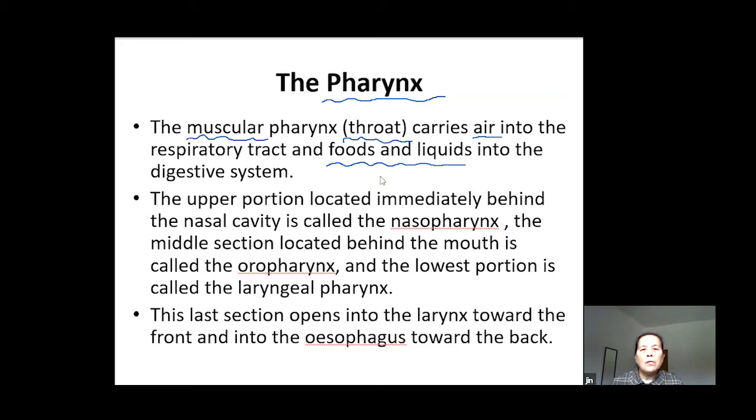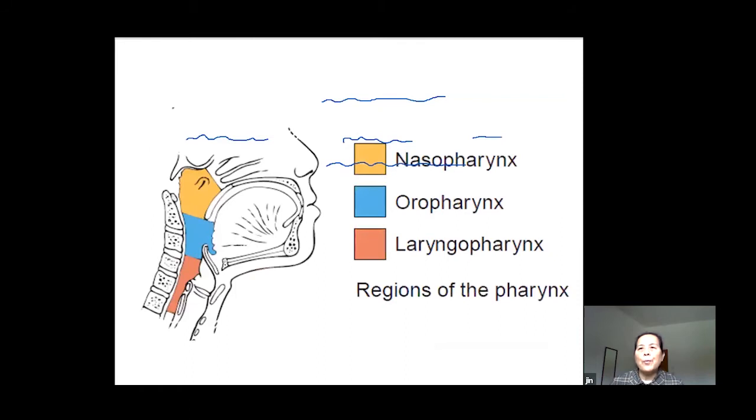So the throat part we separate into 3 parts. Behind the nose, we call it nasopharynx. Behind the mouth, oropharynx. That's basically just the medical words here, nose and mouth. And behind the larynx area, laryngeal pharynx.